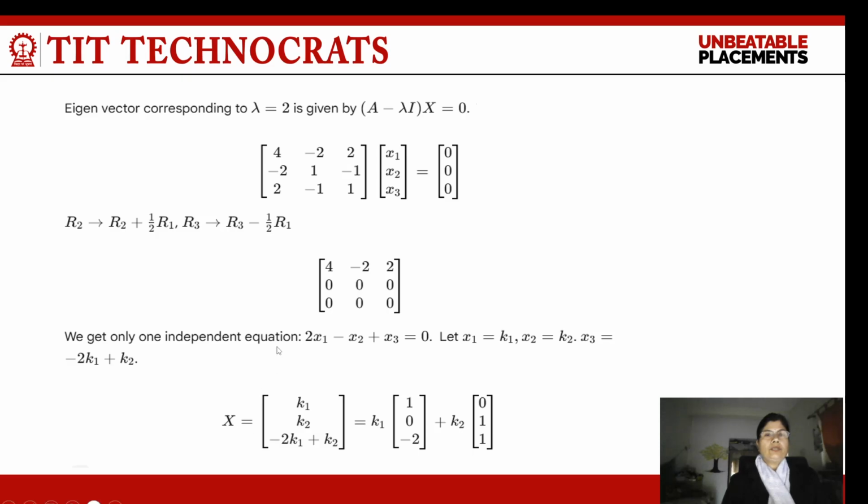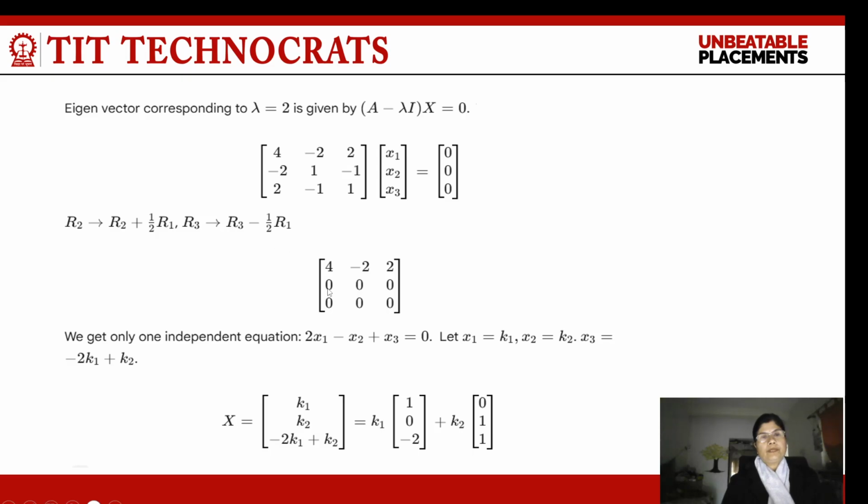Eigenvector corresponding to lambda is equal to 2 is given by (A minus lambda I)x is equal to 0. We get [4 minus 2 2; minus 2 1 minus 1; 2 minus 1 1] times the unknown matrix x1, x2, x3 is equal to the zero matrix 0, 0, 0. Now apply the operations R2 tends to R2 plus 1 by 2 R1 and R3 tends to R3 minus 1 by 2 R1.